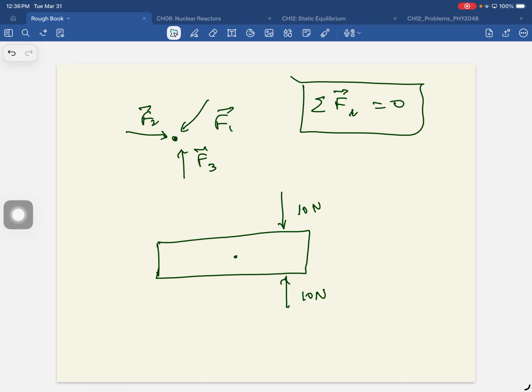It will still be at rest. But how about now? It will spin. So for extended objects, this condition is not sufficient.